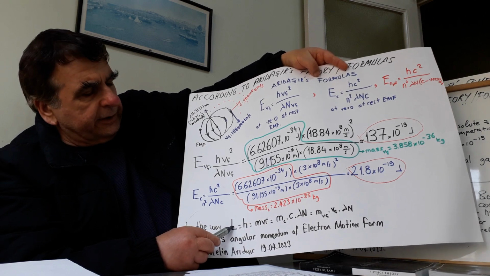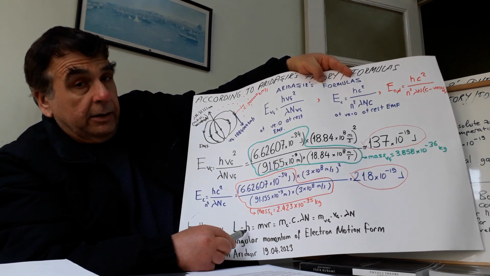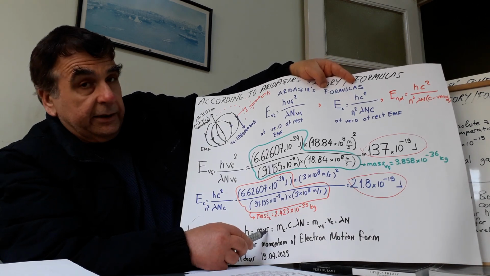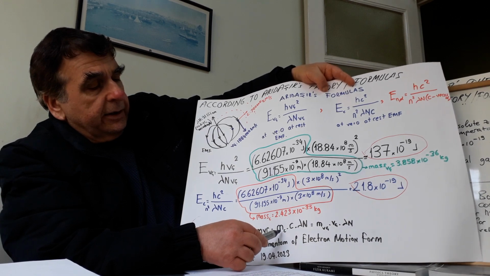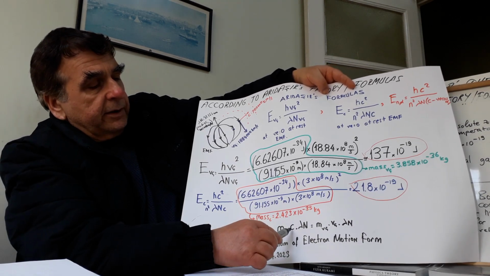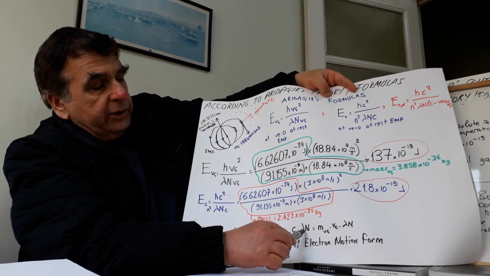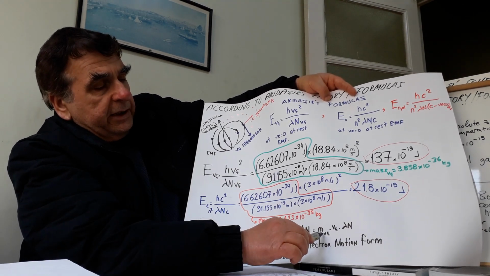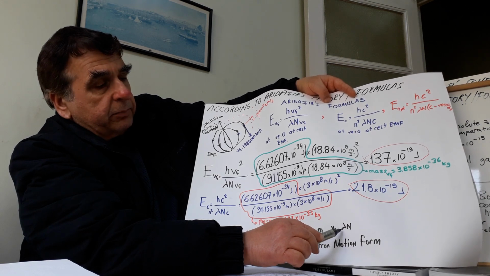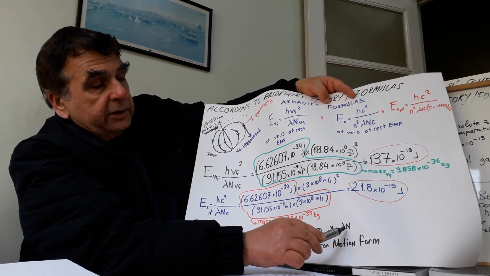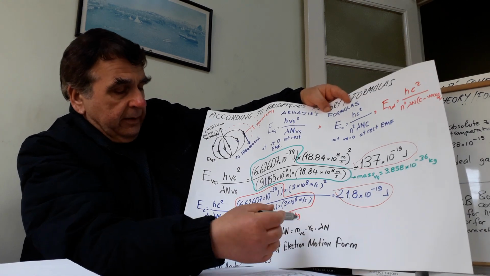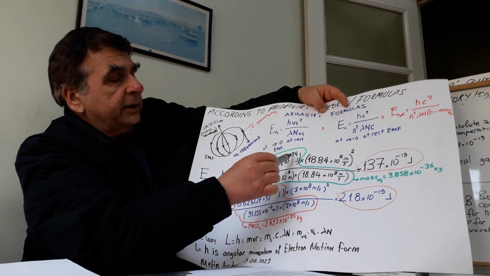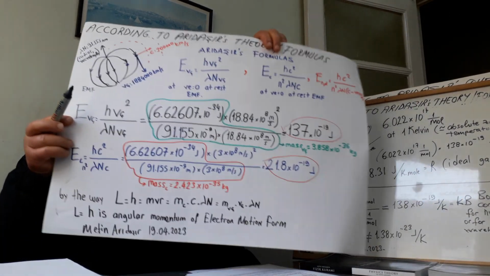Angular momentum of the electron motion form is Planck's constant: mass, linear velocity, and radius. Here, c direction mass, speed of light, 91.155 is equal to linear velocity mass, linear velocity multiplied by 91.155, is equal to what? 6.62 10 to the minus 34 joule. Okay.